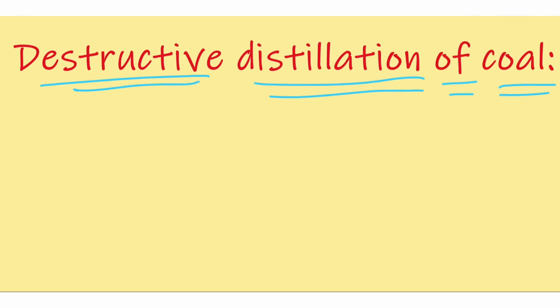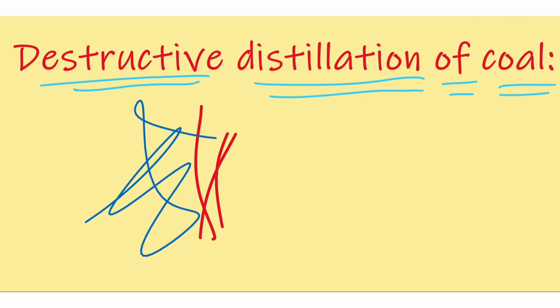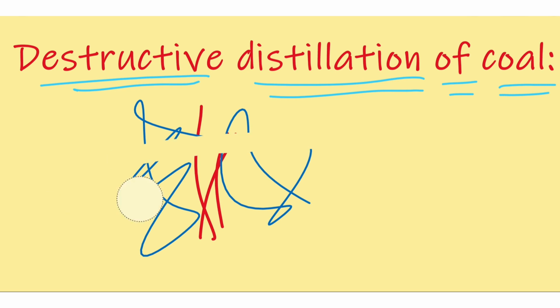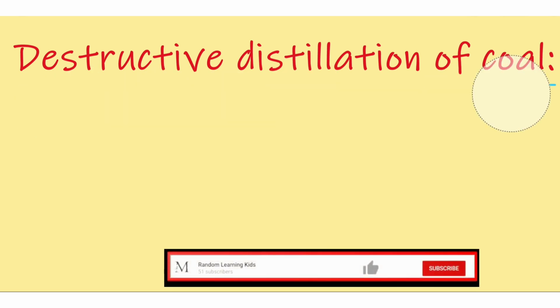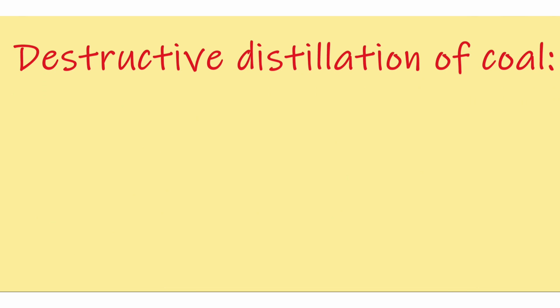So now let's see what is destructive distillation of coal. Destructive distillation of coal is nothing but strong heating of coal in the absence of air. You have to heat the coal very strongly, but there will be no air. Then only it is called destructive distillation. If there is air, it is not called destructive distillation.